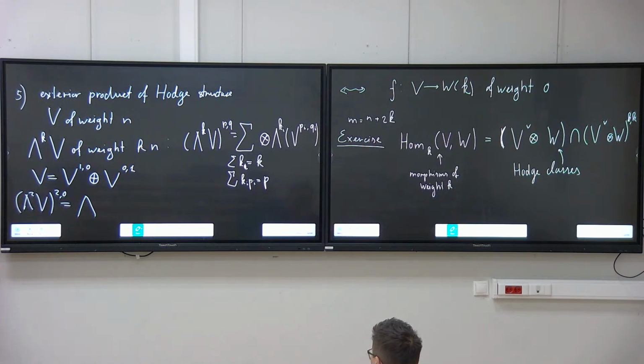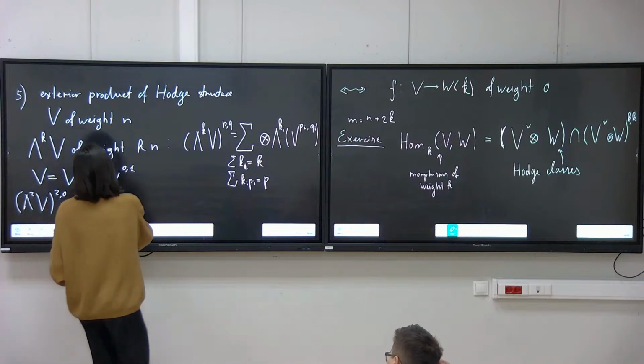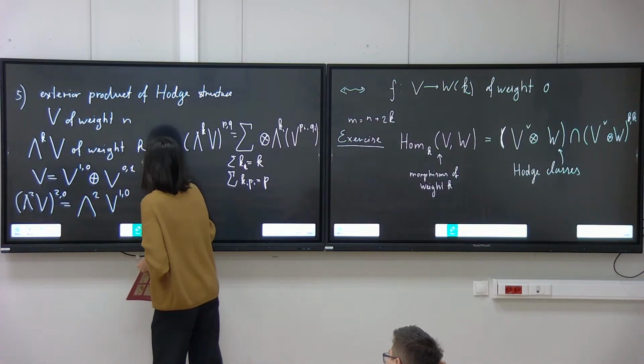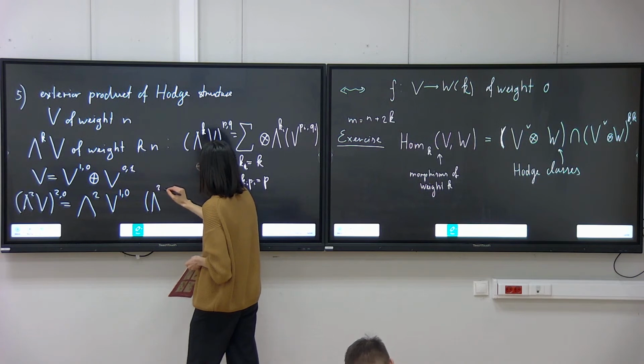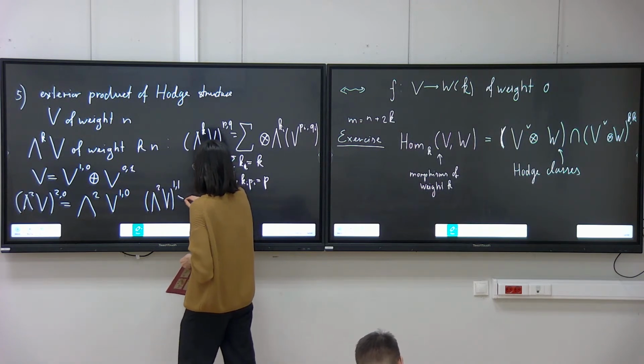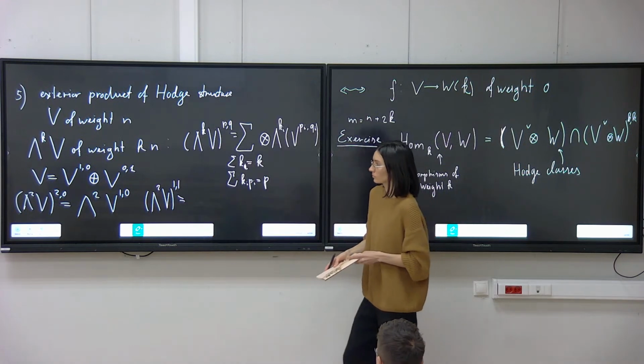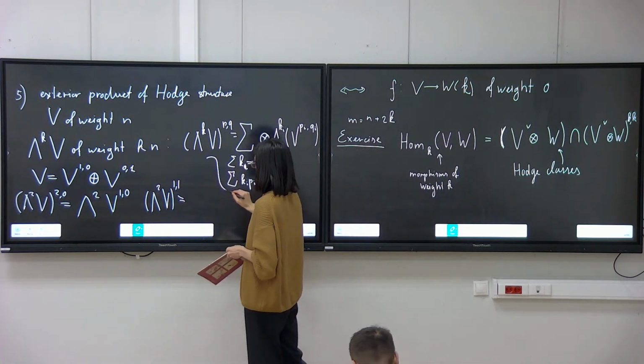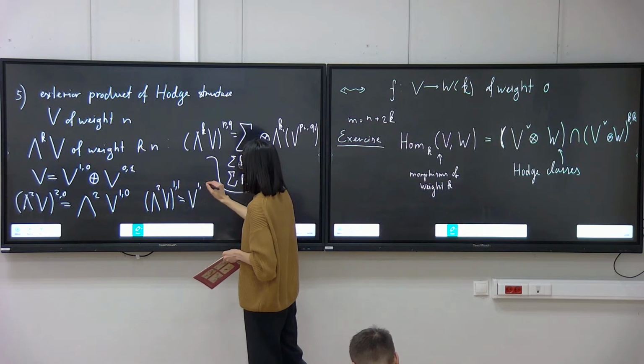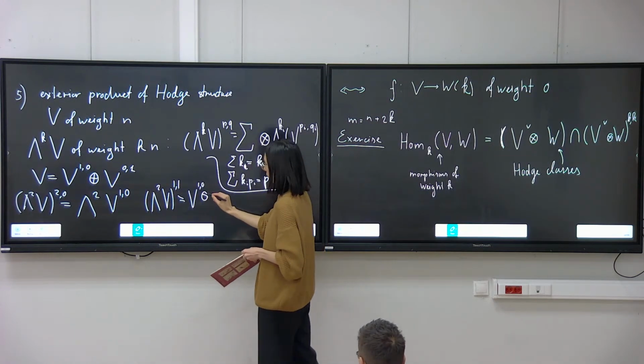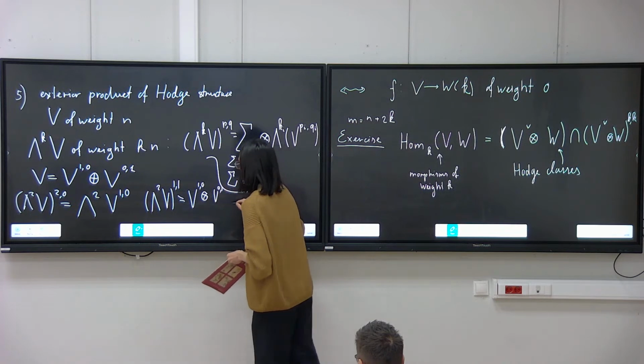So what's this? First, it's just Lambda the (2,0), the (1,0), and nothing else. Yes. And what is (1,1)? The (1,0) tensor (0,1). But in this case, it's not weight, it's just tensor product. Yes.